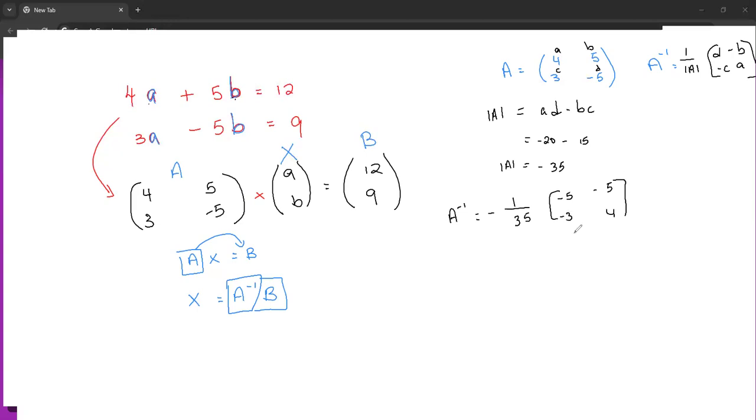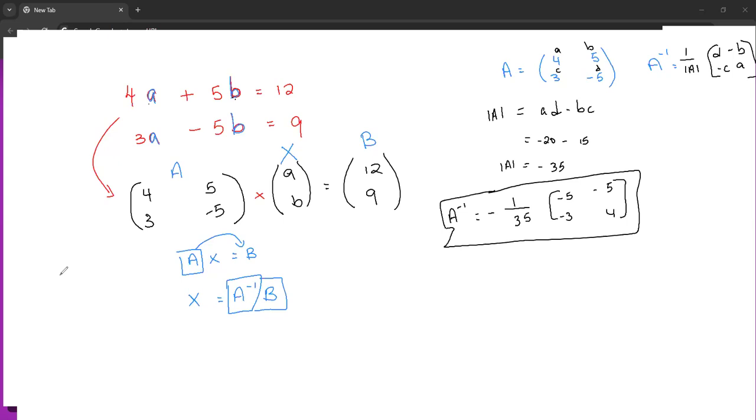So if it was positive, it becomes negative. And if it was negative, it becomes positive. All right. So the next step, remember this is A inverse. All of this is A inverse.